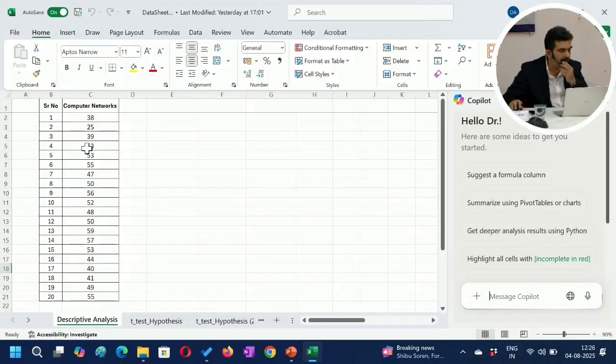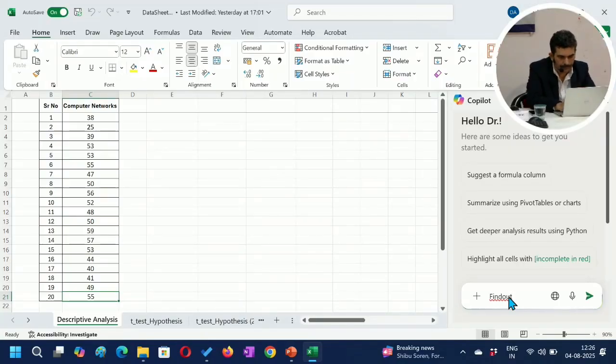Now my data is starting from cell C2, column C, row number 2, and ending at row number 21. So how I am writing a prompt, just see.